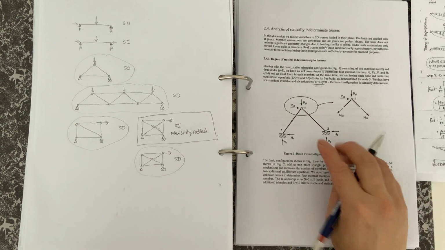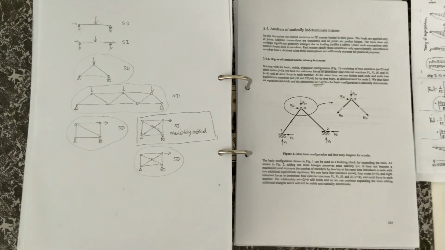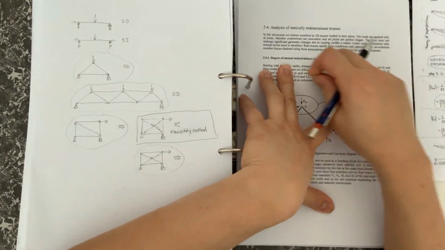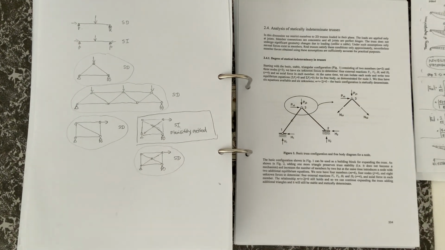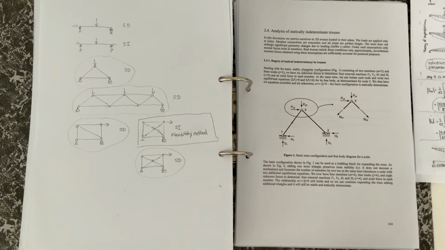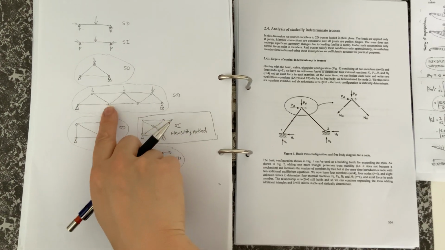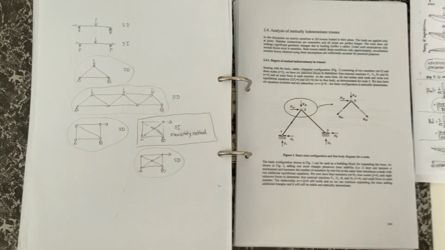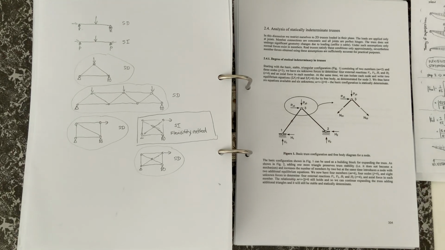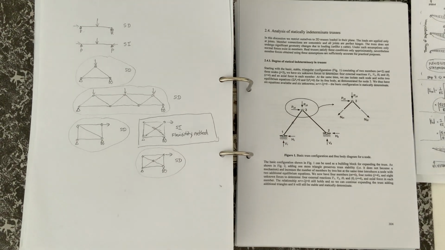It might be okay with the formula, but that then becomes a mechanism. So you can use the formula fine, but it's quite good to know the limitations of using the formula, and it's even better possibly just to be able to look at the structure and see if it's built up by triangles, and then be able to decide for yourself without the use of the formula if it's statically determinate or not.